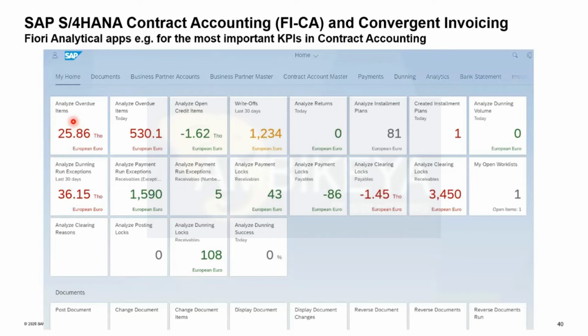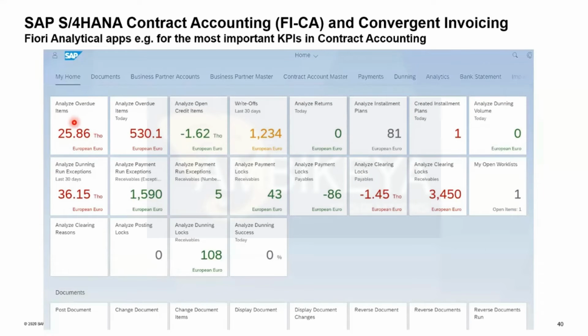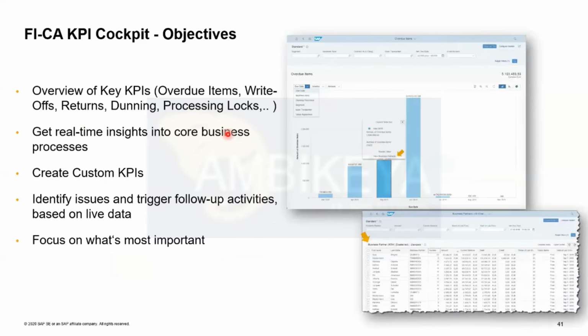And once you click down and click on, for example, the overdue items app, you get further information. And here, for example, there's a drill down and you get a bar for each month of due dates.